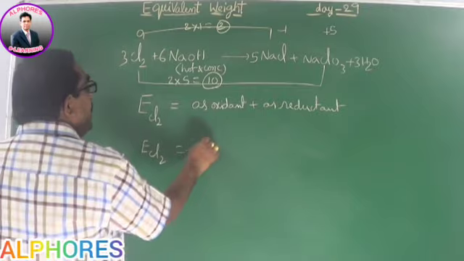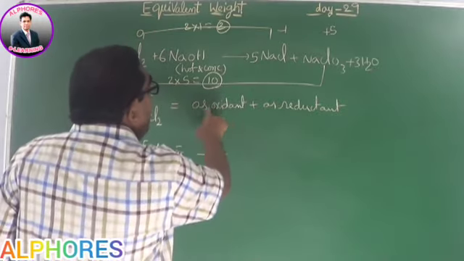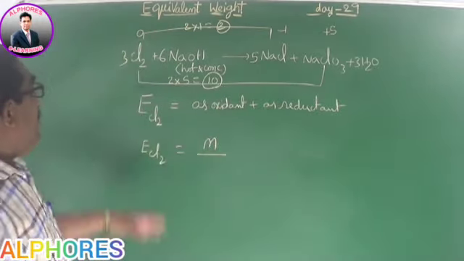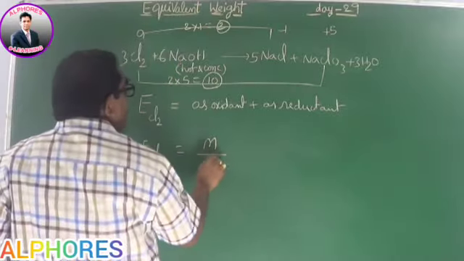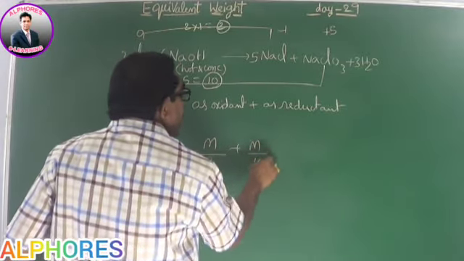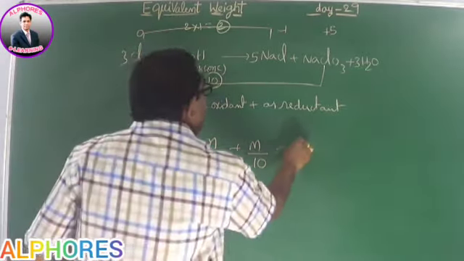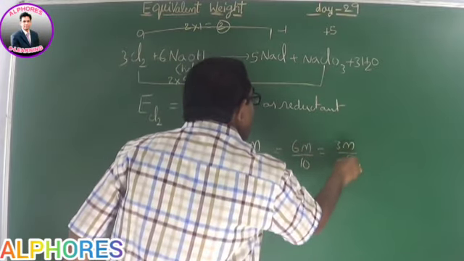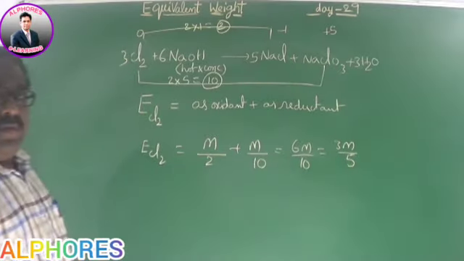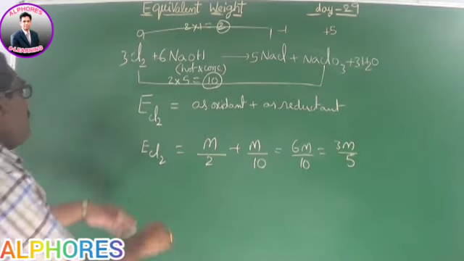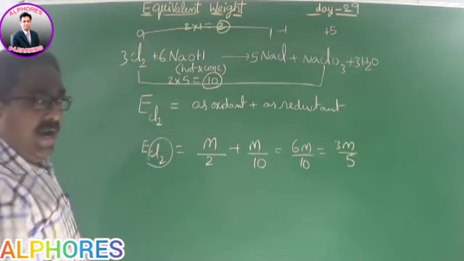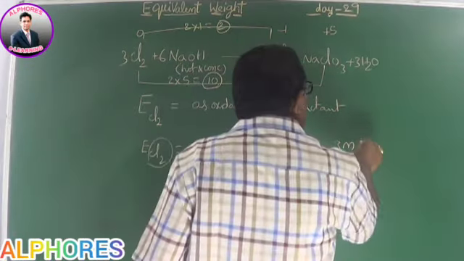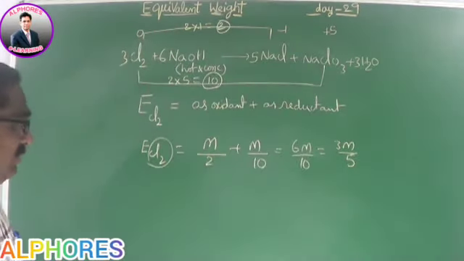Equivalent mass of chlorine now. M by 2 as oxidant, since oxidant should undergo reduction, plus M by 10. That is 6M by 10, that is 3M by 5. To calculate the exact value, substitute the molar mass of chlorine, where M is the molar mass of chlorine, that is 71.